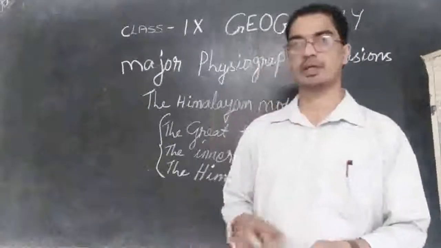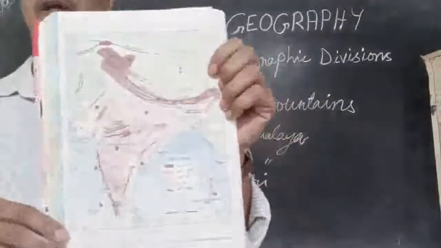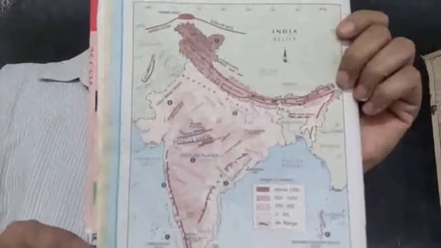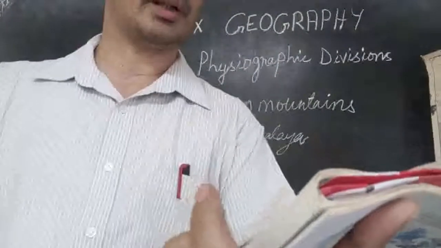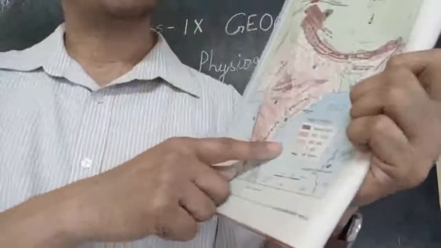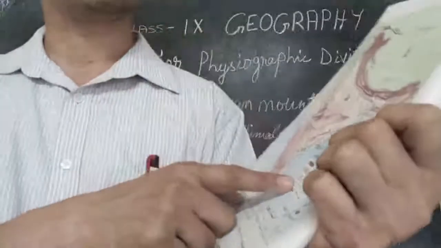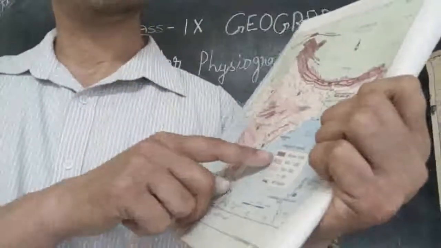Then you can see in your textbook the India map, and all the mountains, everything is marked there. The relief features are marked there, and different colors are given. That color is indicating the height of that region.